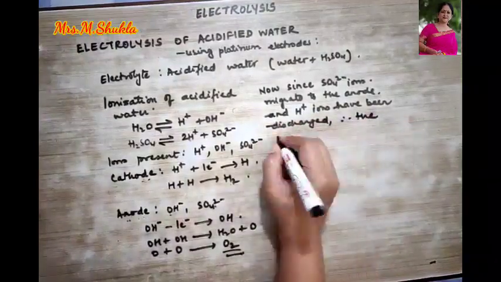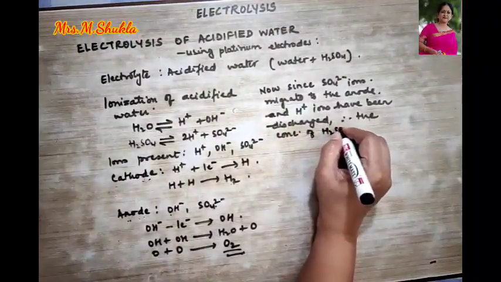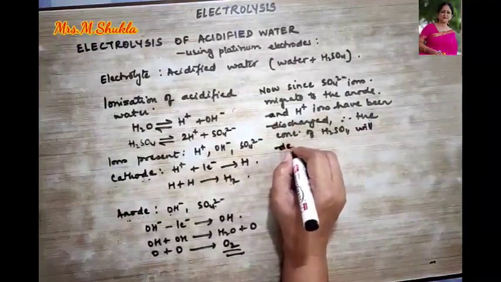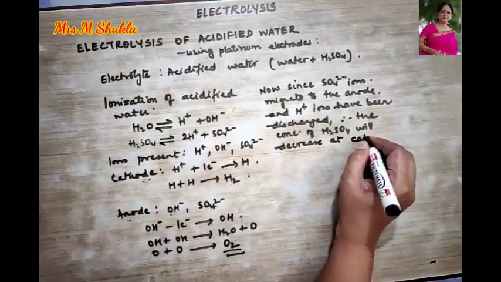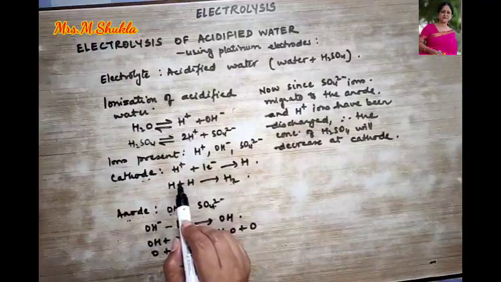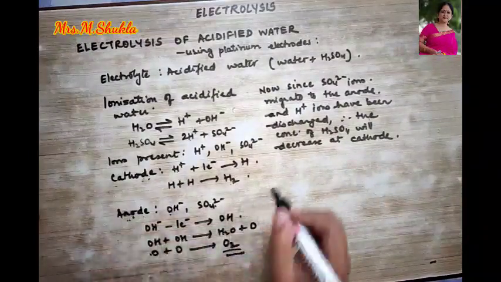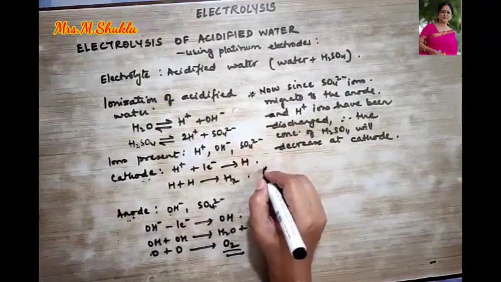Therefore, the concentration of sulfuric acid will decrease where? At cathode. Okay, the concentration of sulfuric acid will decrease at cathode, but it is going to increase at anode. Why? Because this is one point that you should remember.